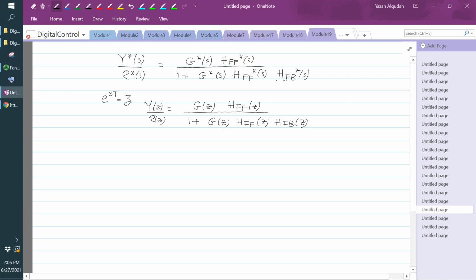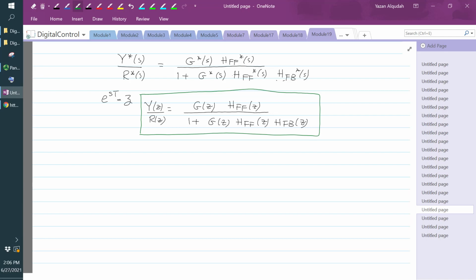And if I replace the star transform with the Z transform, I'm going to get Y of Z over R of Z equal to G of Z multiplied by HFF over 1 plus G of Z multiplied by HFF multiplied by HFB.